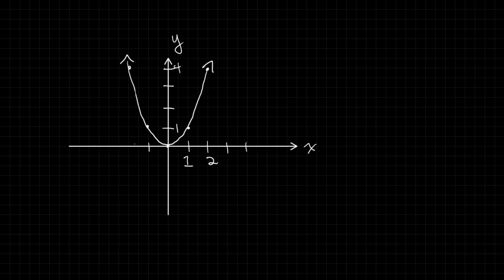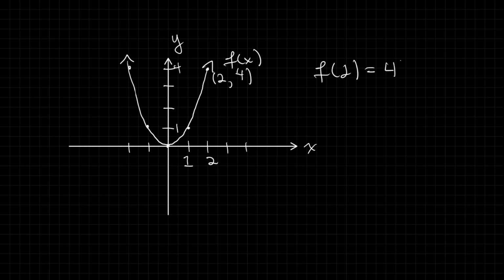And now I can tell you that this graph is not the graph of a 1-to-1 function. That is, if I label this function f of x, it is not 1-to-1. And the reason is because I can identify an output, that is a y value, with multiple inputs. For example, this point 2, 4 is on the graph of f of x, which means f of 2 is equal to 4.